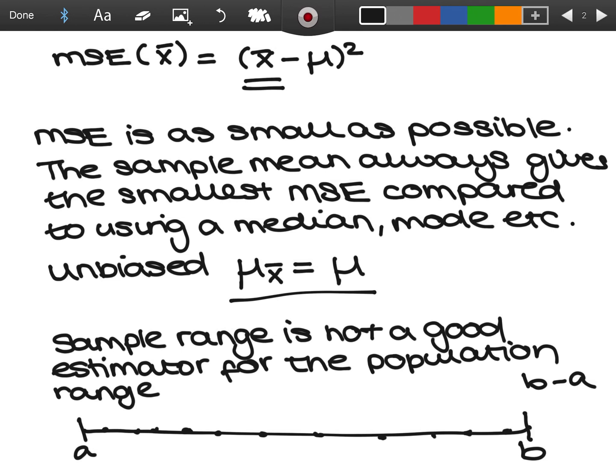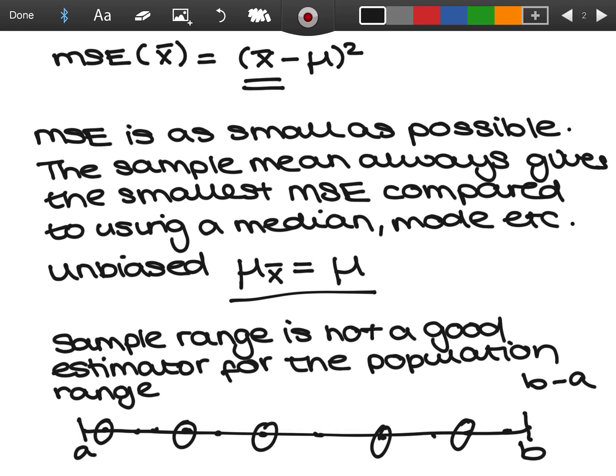But even if you were to take a representative sample, so you took them all the way along, your sample range is still smaller than your population range. You can never get it large enough unless you took the two endpoints.